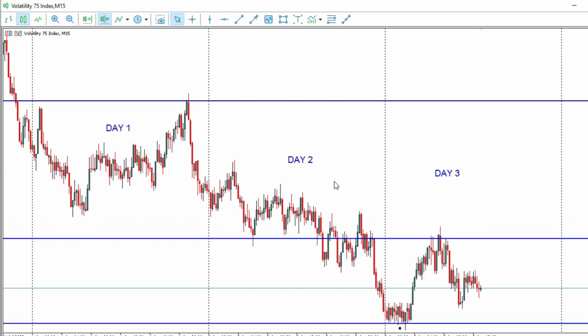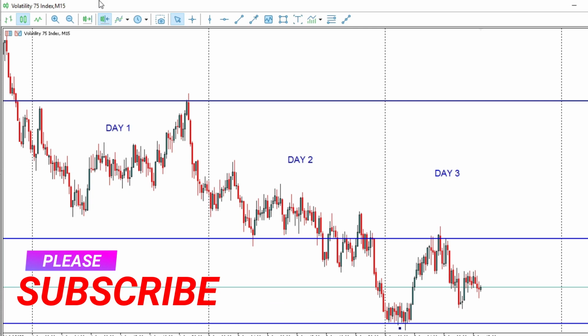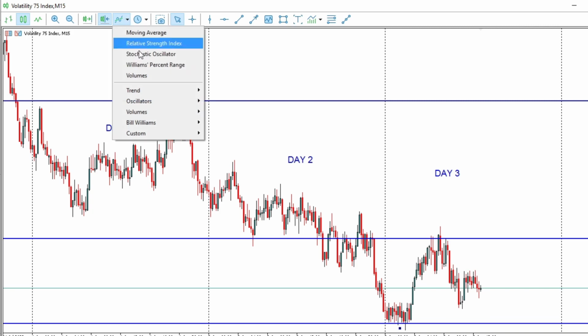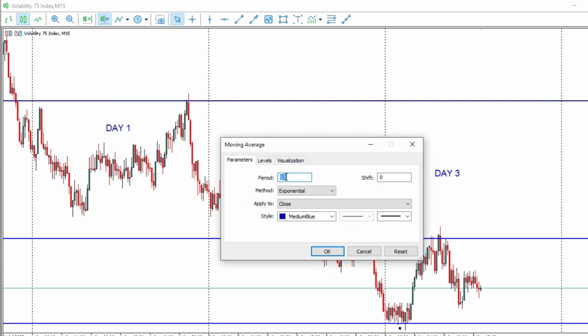Then the next thing we are going to do is add another indicator. There is something that I shared recently, that as price action traders we can use the indicator. It's the moving average, period 13, method exponential, apply to close, shift 0.